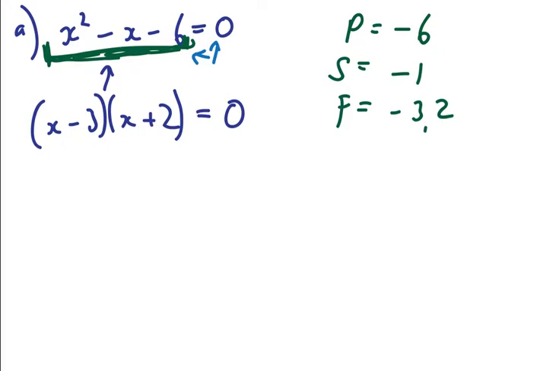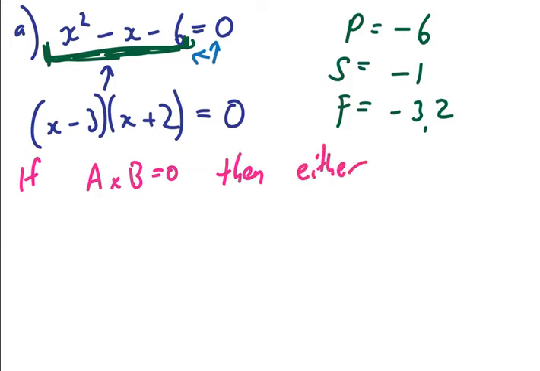There's a property in maths that says if A times B equals 0, then either A equals 0 or B equals 0.